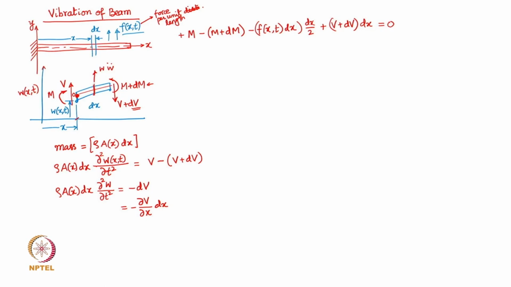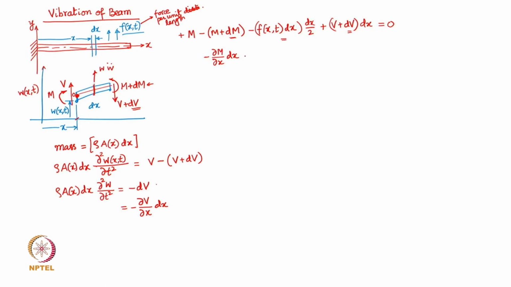What we can do is express this incremental change in the moment and shear force as we have been doing. I can write this as minus, this M cancels out, and dM can be written as dou M by dou x dx. And dx being a very small quantity, the product of dx and this dx would be negligibly small, and therefore this second term can be neglected.